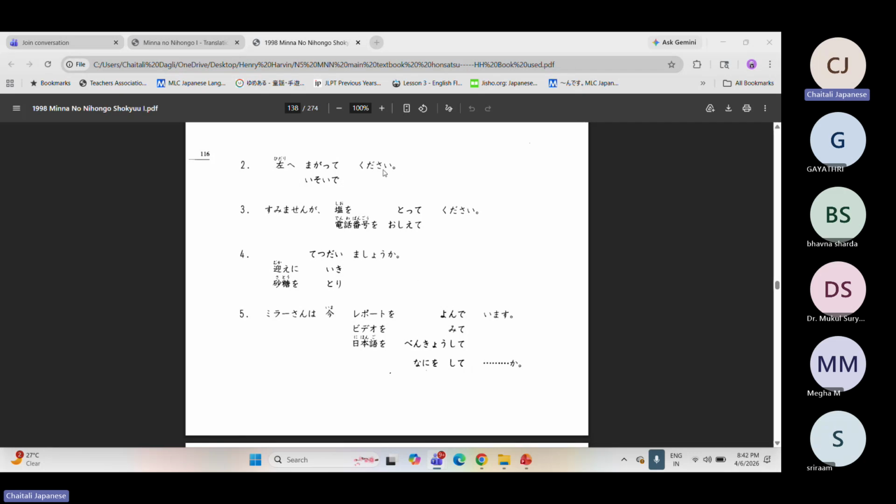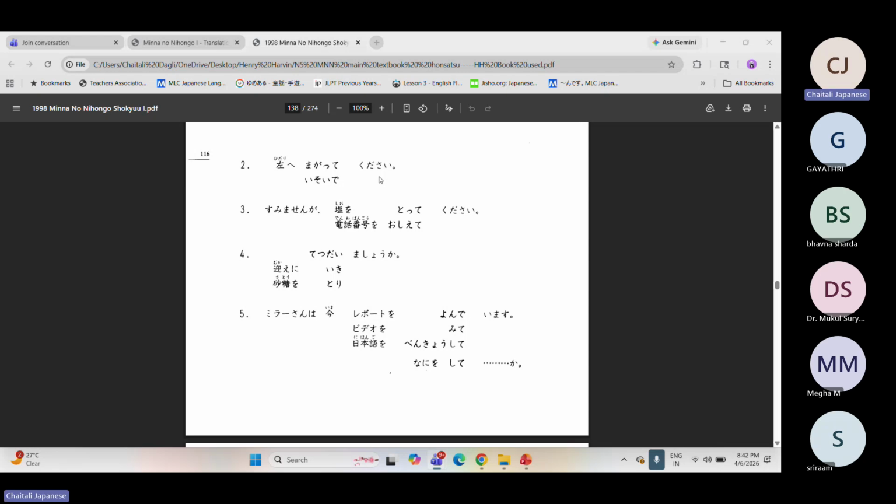So verb in te form plus kudasai. Okay, please format. If I want to tell you please drink water, so mizu o nonde kudasai. Drink water, please. Or if you are in a restaurant and you want one juice, that's a different pattern. But in the verb in te form, what will be the word for to bring?